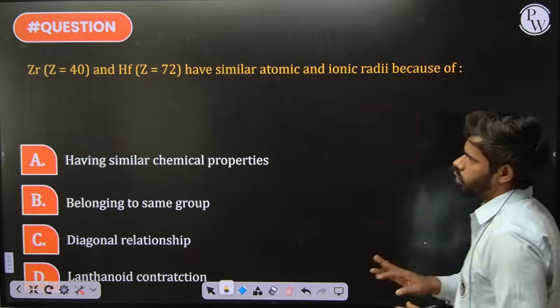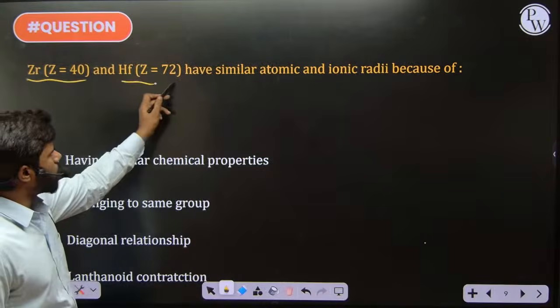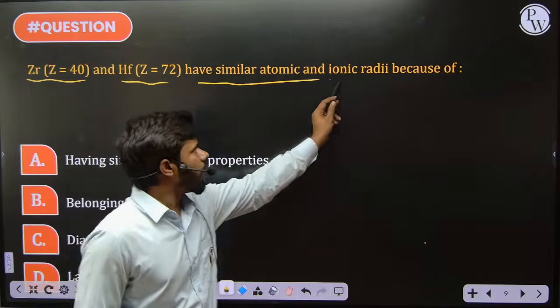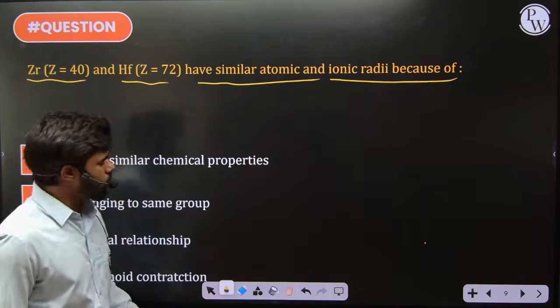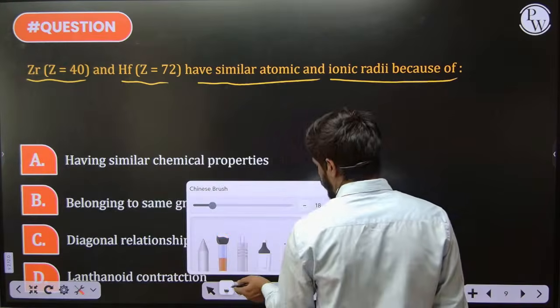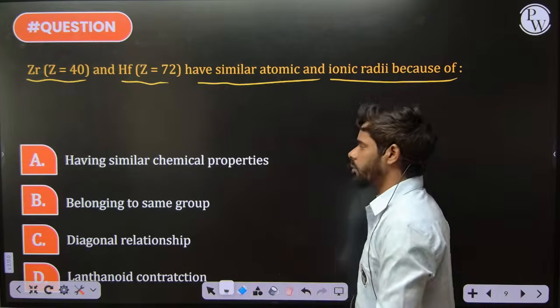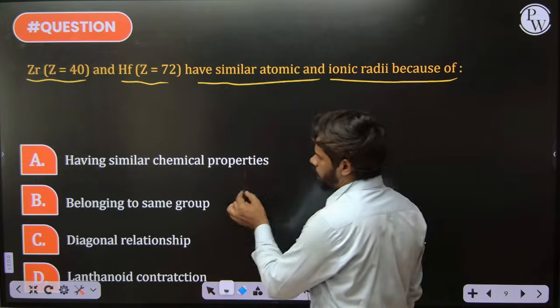Okay, let's see the question, it is given also. Zirconium and hafnium have similar atomic and ionic radii because of the reason given. So what are the reasons for zirconium and hafnium having similar size and similar chemical properties?